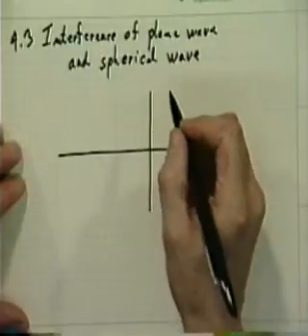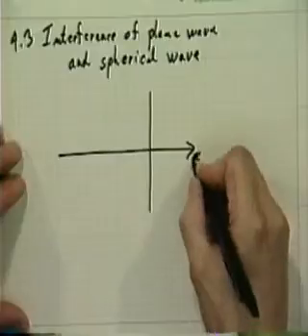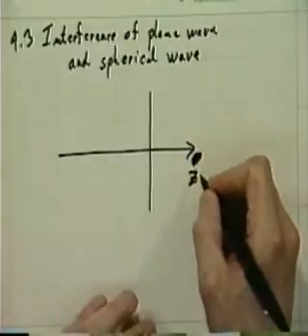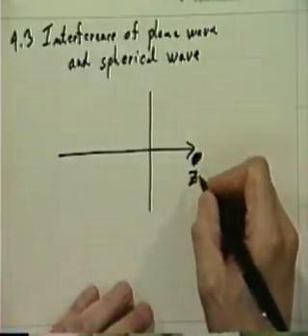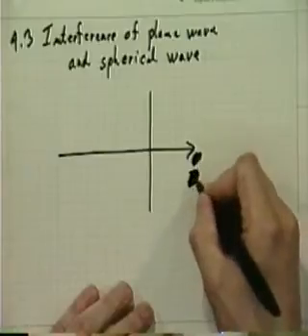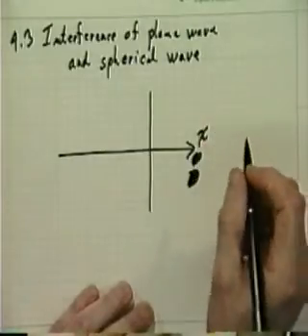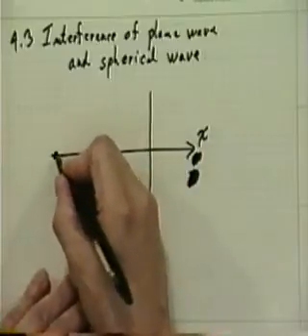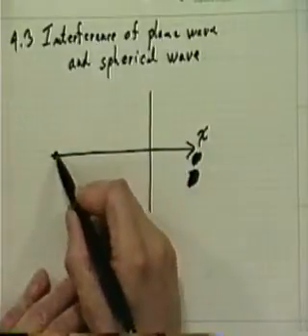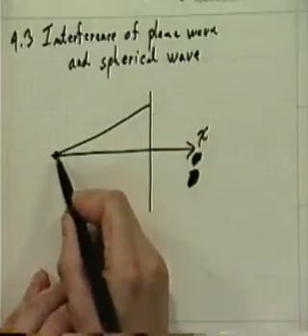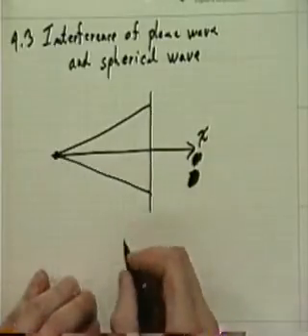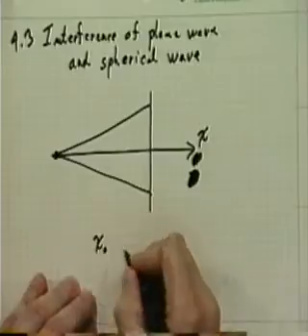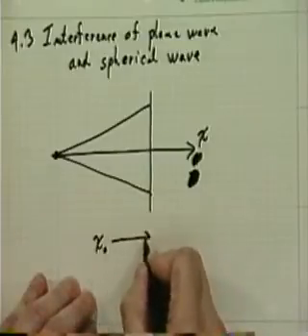X. And I guess I put X, but it should be Z here. No, I'll keep with my notes, I'll keep it X, which is what I had in my notes for some reason. And I'll come back here, this is my spherical wave, and it's a distance x naught away from the observation plane.